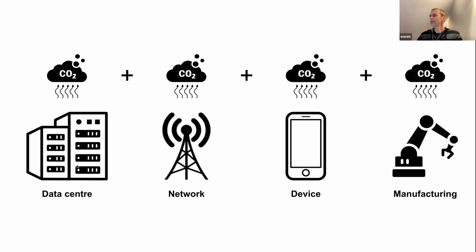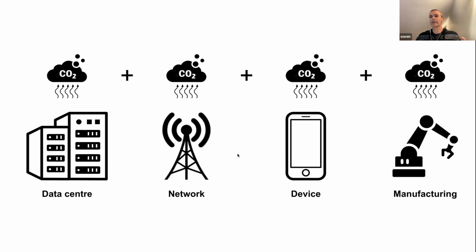And then the fourth thing to consider is that inherent in all three of these things, the data center, the networking equipment, and the devices, is what's called embodied carbon, which is the carbon dioxide that would be emitted to manufacture those devices.